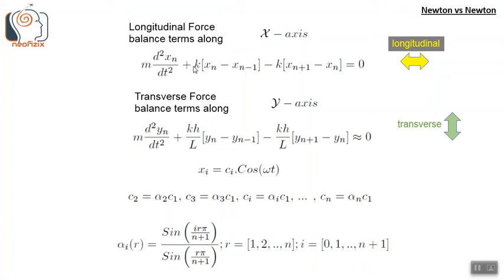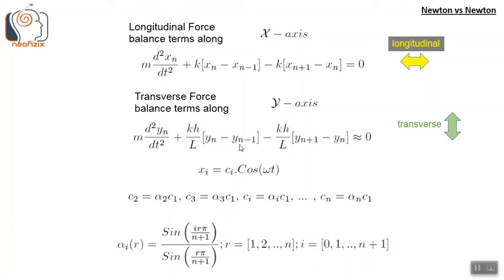When we frame this force balance equation, it appears as k. But in the transverse case, there is a modified spring constant, which can be called the effective spring constant, kh/L. So when h is 0, that is when the springs are not pre-stretched or pre-compressed, there can be no transverse oscillations up to this first order approximation.